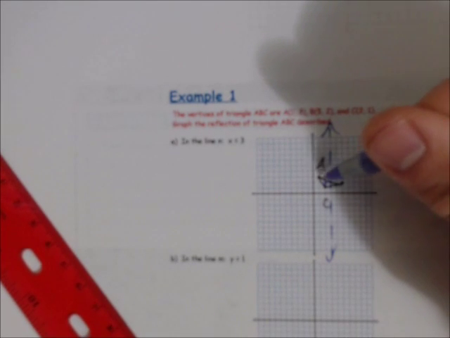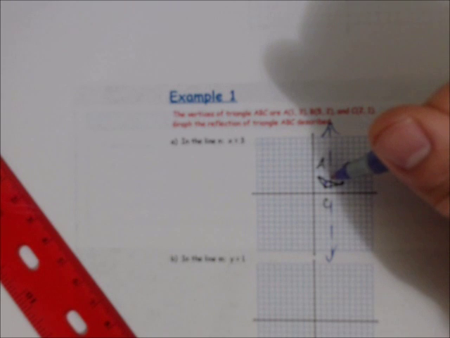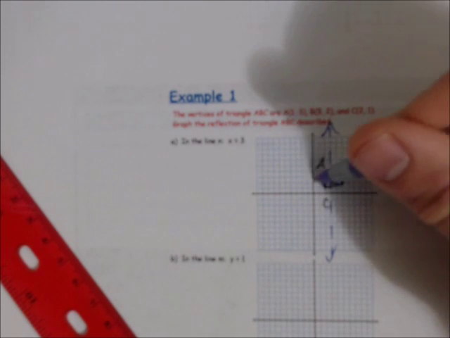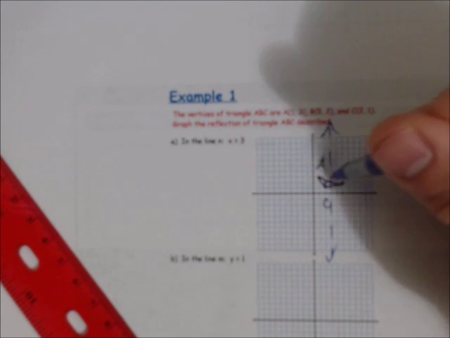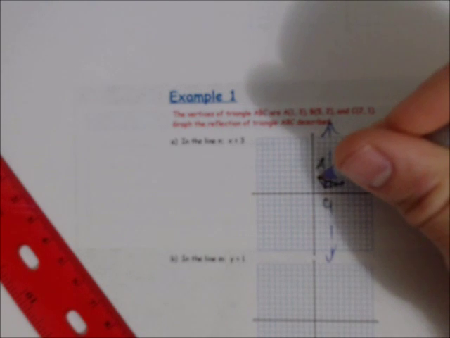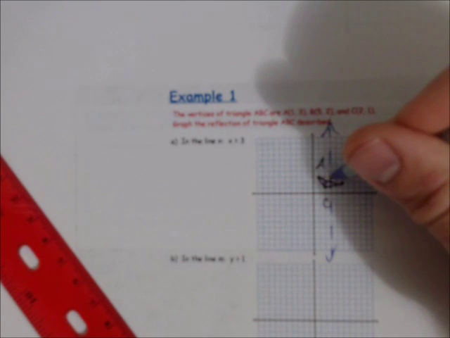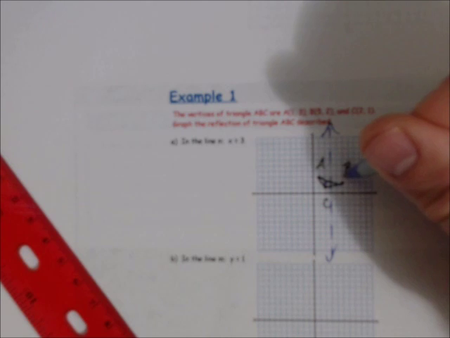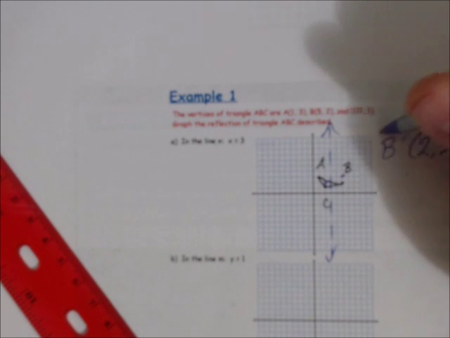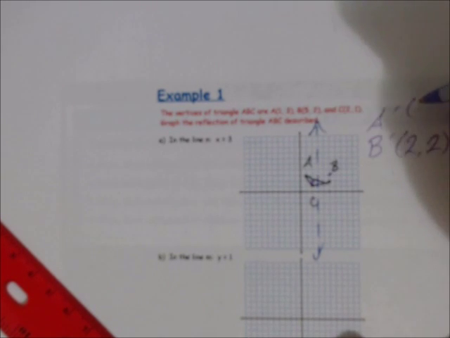If we take a look at A, it is 2 units from our line of reflection. So A is going to be mapped to the other side of the line of reflection, which means we'll go 1, 2 to get to the line of reflection, 1, 2 to get to the image. So A prime then is going to be at (5, 3).